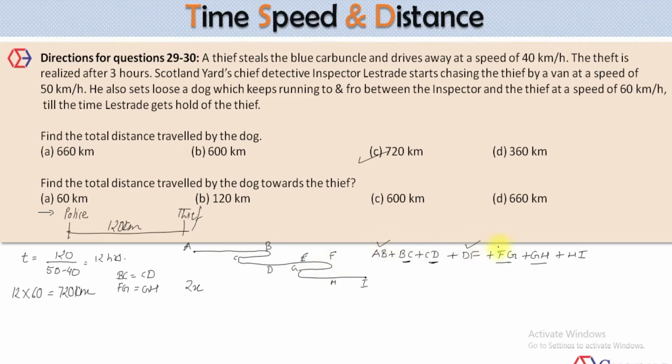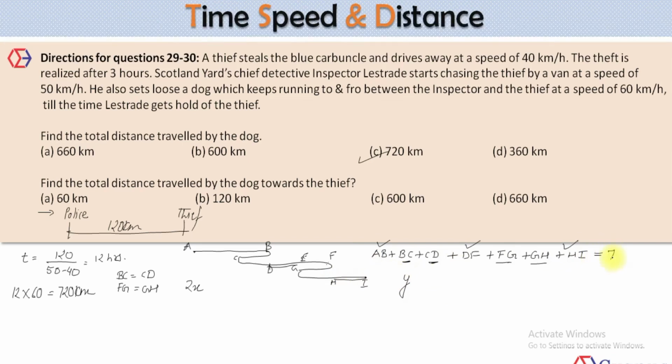AB plus DF plus HI. This is AB. Then the next one is DF, and this one is HI. So can we say this is the distance traveled by the policeman? He must have traveled AB, then DF, then the last one is what? HI. So AB plus DF plus HI is the distance traveled by the policeman. I'll take it equal to Y.